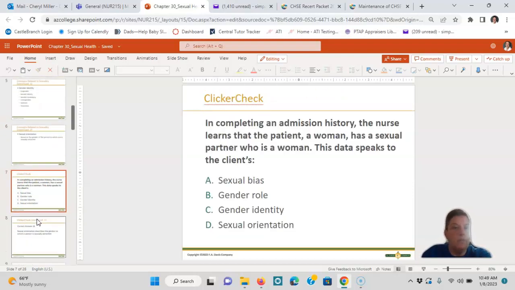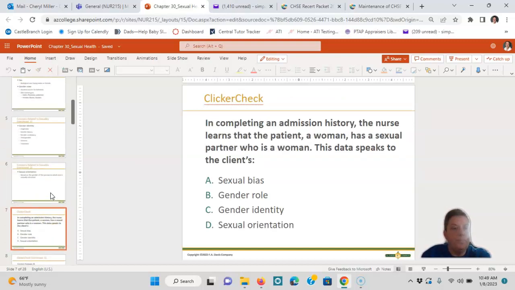So just some little knowledge pieces there that you need to remember when you're in the test. These kind of things might come up. So in completing an admission history, the nurse learns that the patient, a woman, has a sexual partner who is a woman.